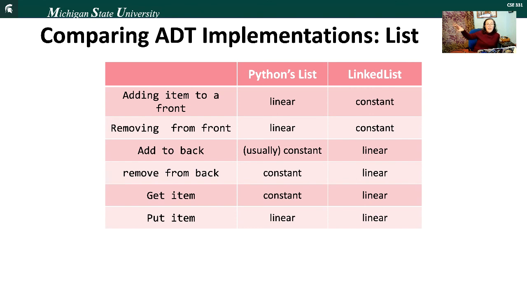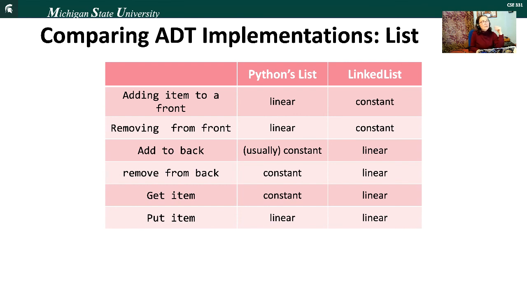Now, adding to the back is constant time in Python because you're simply adding it and there is no shifting involved. However, adding to the back of a linked list may cost you linear time, depending on what type of linked list you're using. By the way, this is a singly linked list with a head reference. If it's a doubly linked list or a linked list with a head and a tail, that complexity may change.